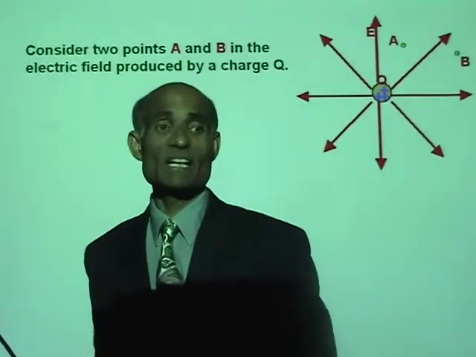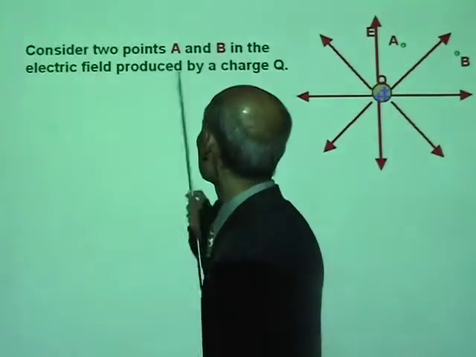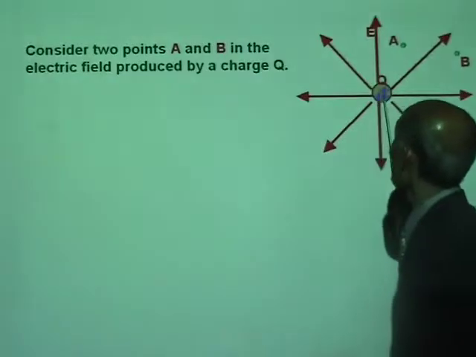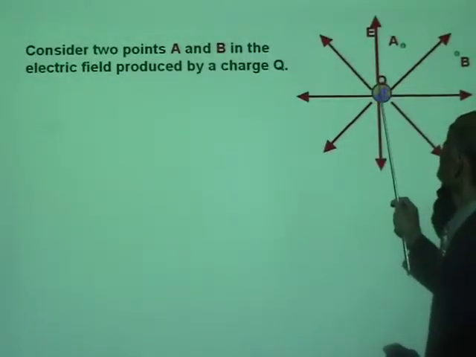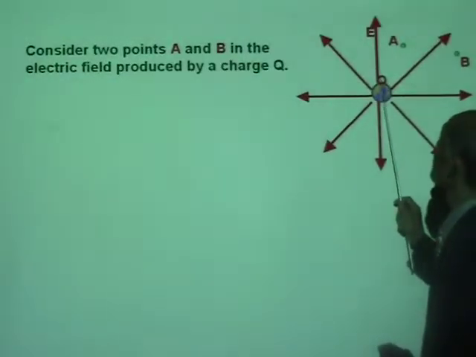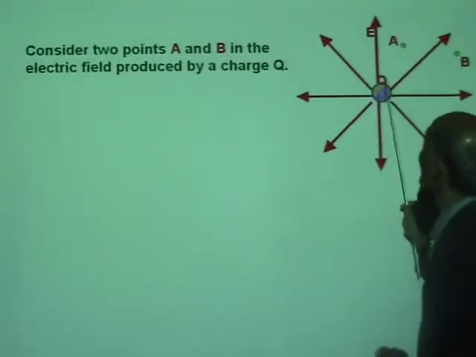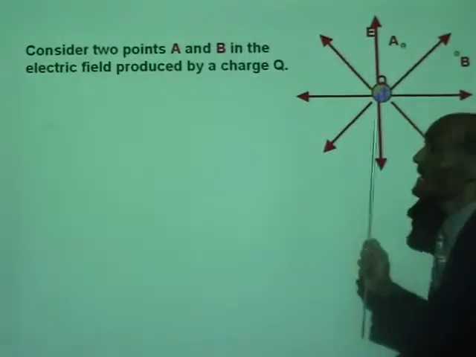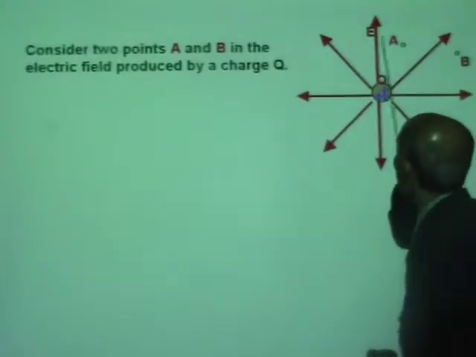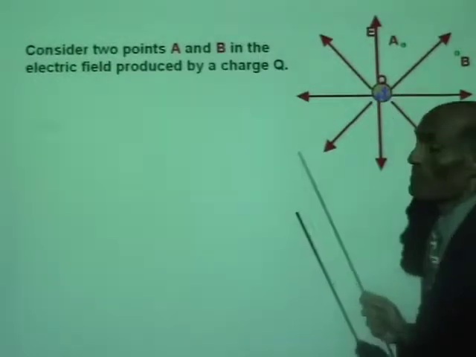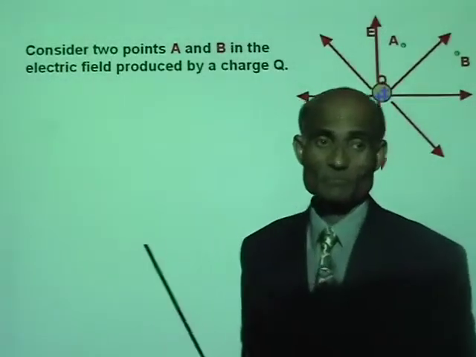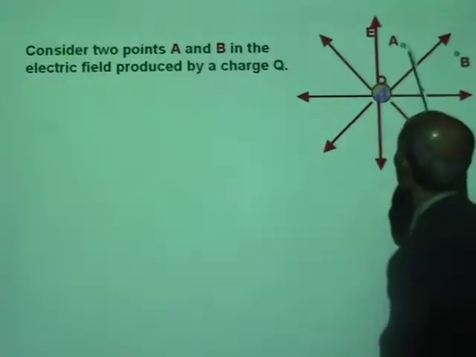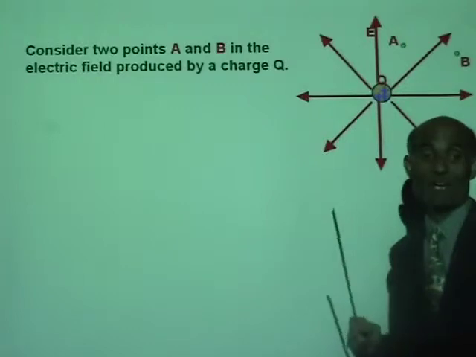Now let us consider 2 points A and B in the electric field produced by this charge Q. Now this is Q. I think my Q got very close to that red line, so please read this as Q. We have 2 points A and B in the electric field produced by the charge Q. Now tell me, which is at a higher potential? Is A or B at a higher potential?